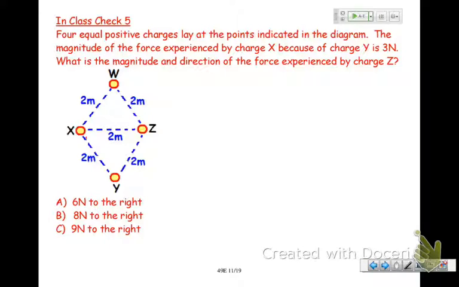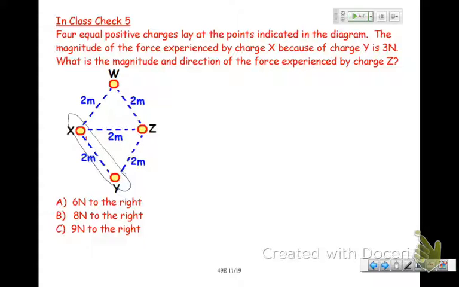So let's have a look at this. It says 4 equal charges, laid out as on the diagram. The magnitude of the force experienced by charge X, the force on this charge caused by Y, so I'm only dealing with those two to begin with, is 3 newtons.